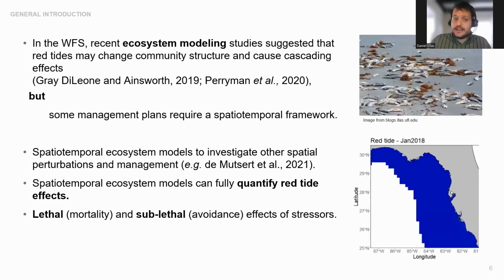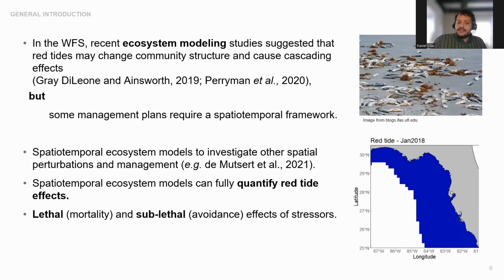In the West Florida Shelf, there has been some work done with ecosystem modeling, suggesting that red tides may affect the community structure and may cause cascading effects in the region. But we have to recognize that, given the nature of those problems, there are some management plans that require this spatial temporal framework.